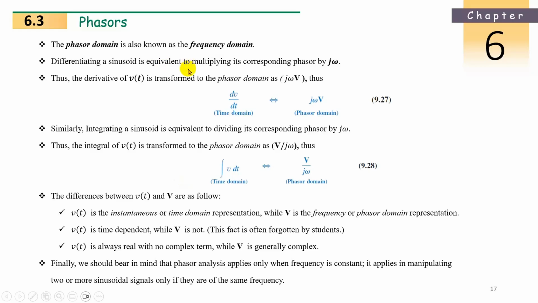So it is constant, always maintained. So phasors apply only when frequency is constant. It applies in manipulating two or more sinusoidal signals only if they are at the same frequency. Both must be at the same frequency, then only we can apply.